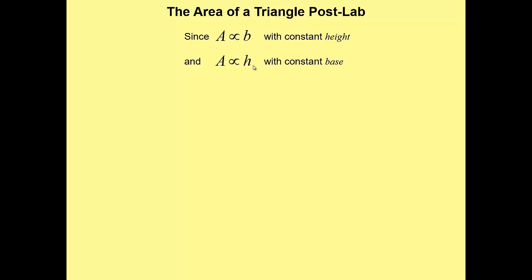If area is proportional to base and area is proportional to height, my proposition here is that area is proportional to base times height. Now, you might have thought I was going to do some weird transitive property thing here with base and height. I wasn't, because that's the transitive property of equality. These are not equalities. These are proportionalities. There is no transitive property of proportionality.